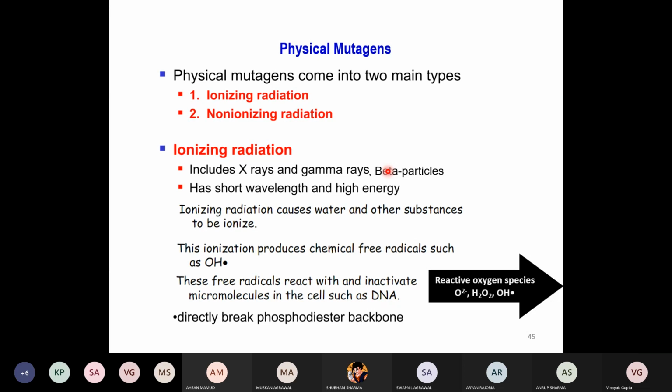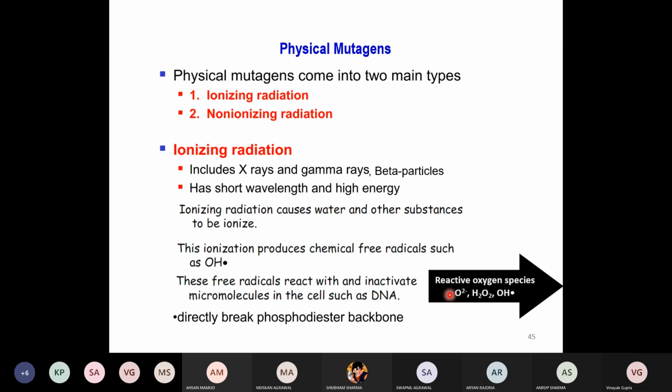If we have ionizing radiation, they are very dangerous, like your gamma rays, X-rays, beta particles, because they have high energy and short wavelength. So what is going to be the consequence? Ultimate outcome is that they are going to cause reactive oxygen species in the cellular system, which can attack the DNA.